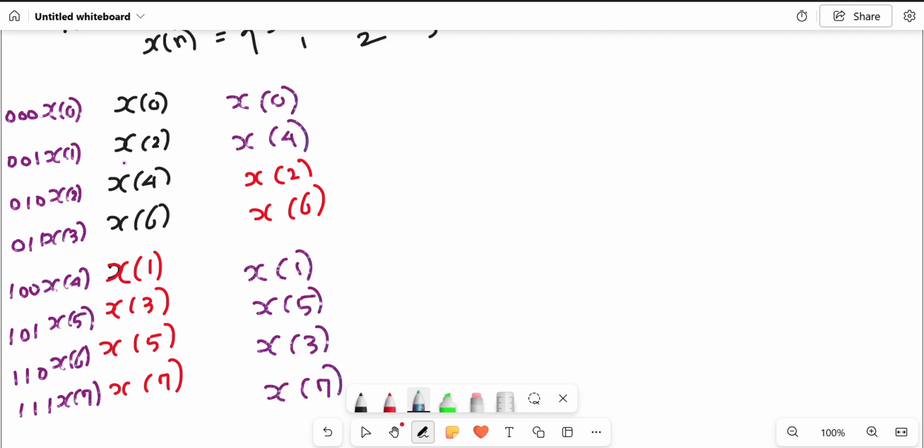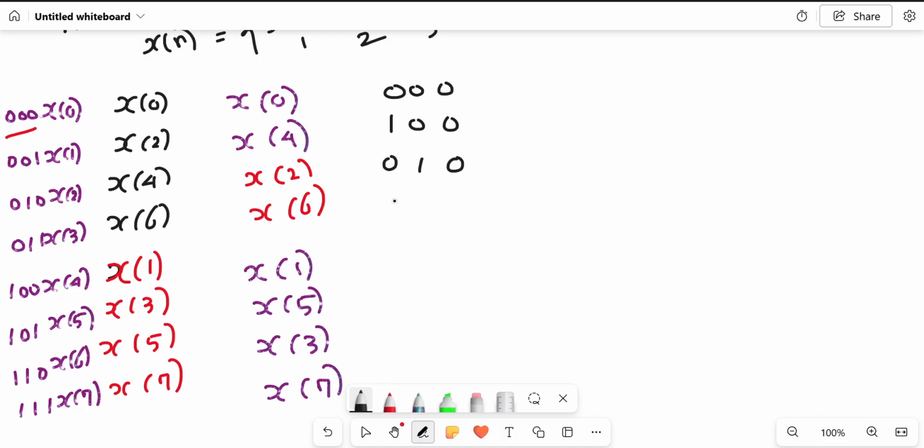Okay, it's x of 0 binary representation. So what is this? 0, this one, right? 0, 1, 2, 3, 4, 5, 6, 7 with the equivalent binary values 000, 001, 010, 011, 100, 101, 110, 111.